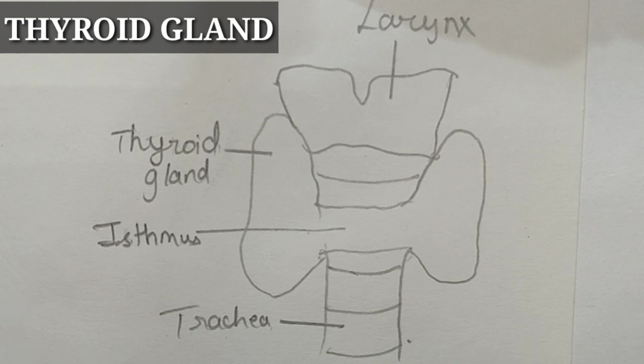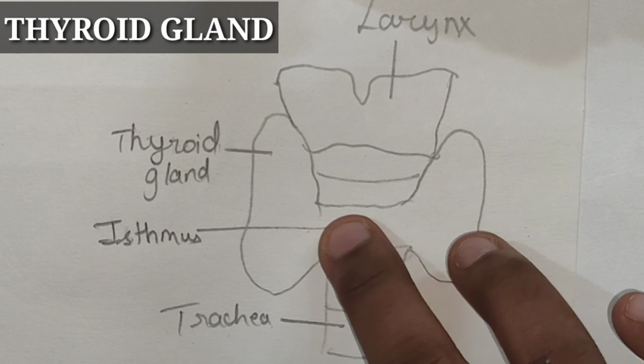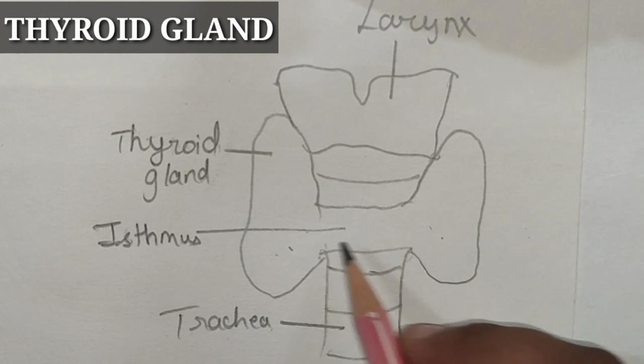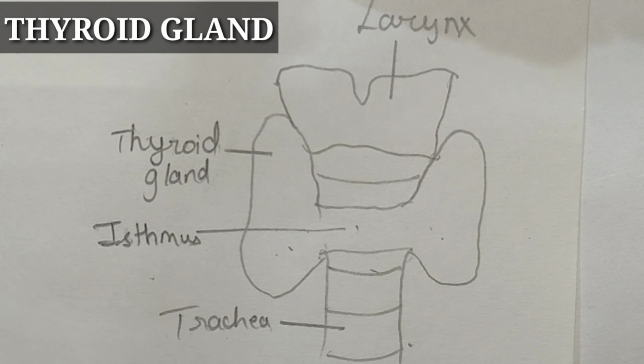So you will draw the trachea, the larynx, and the thyroid gland, and you can see the two lobes of the thyroid gland are connected by the isthmus.